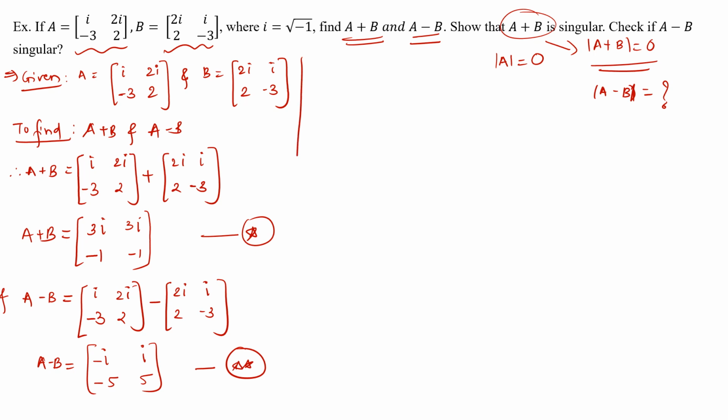So what we need to do further? We need to check, we need to show. So we need to find a value of determinant of A plus B. So therefore now, determinant of A plus B क्या होगा? Determinant of the iota term 3 iota 3 iota minus 1 minus 1.